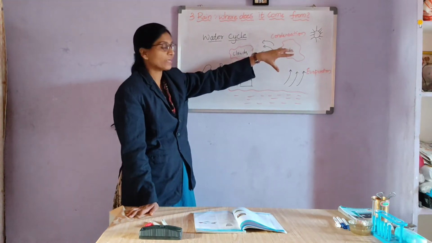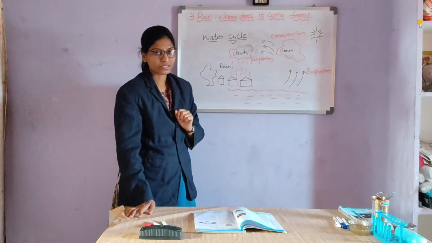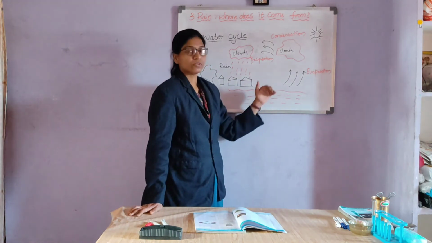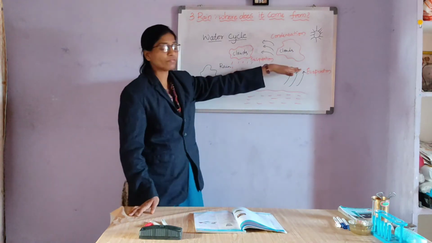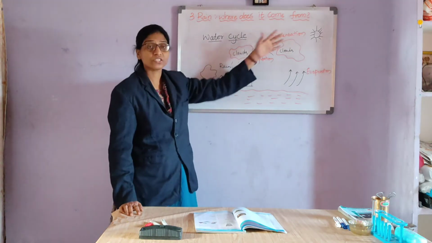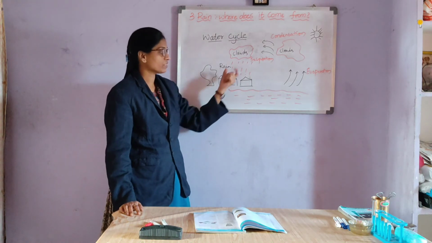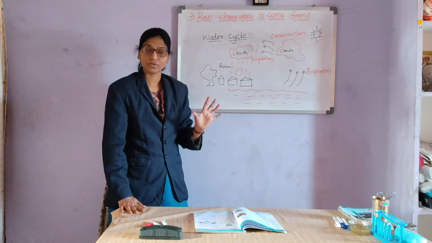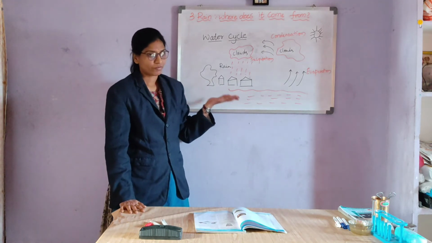The water vapor gets cooled down to form water. That process is known as condensation. So here the conversion of water into water vapor is known as evaporation, the water vapor getting converted into water is known as condensation, and the water coming down as rain is known as precipitation. Altogether, this is nothing but the water cycle. In this manner, we get the rain.